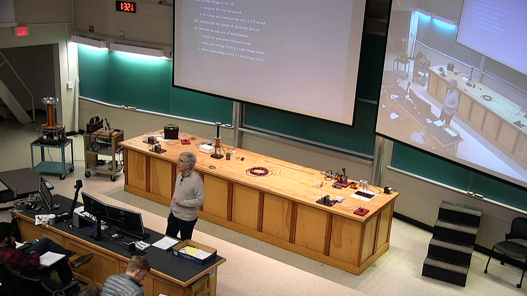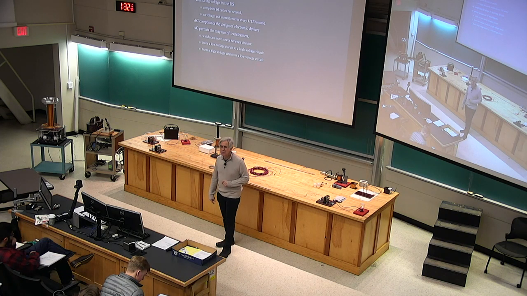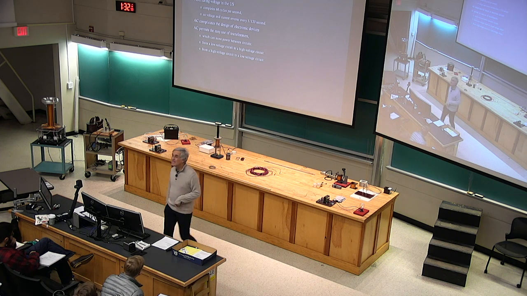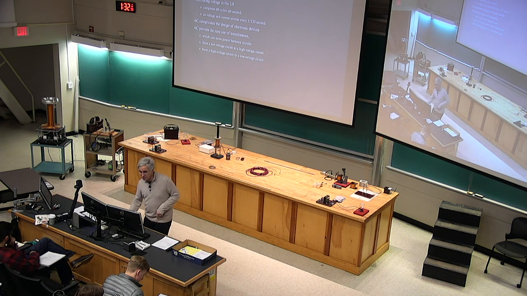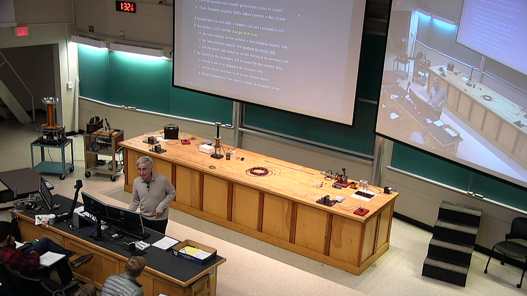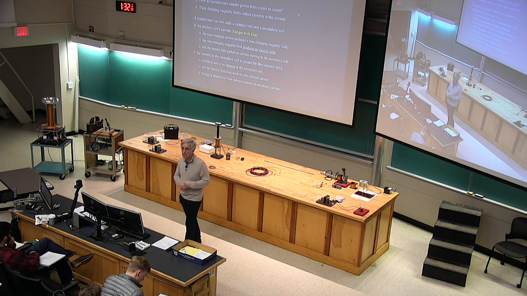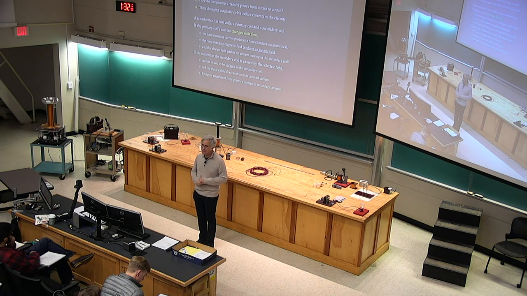The use of AC allows for the use of transformers to move power from circuit to circuit. And that is a main point of this story. So how do transformers move power from circuit to circuit?